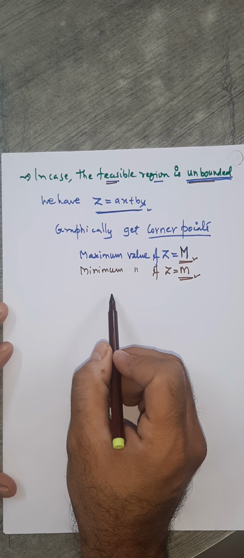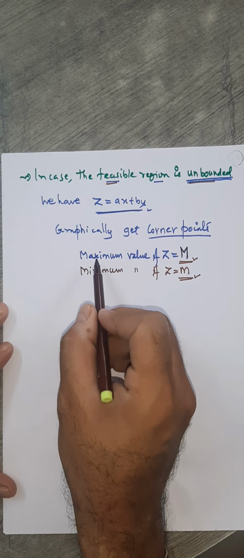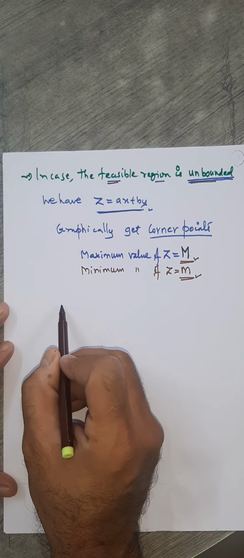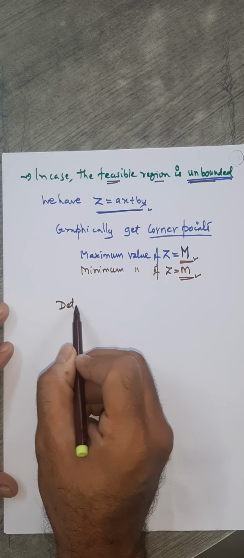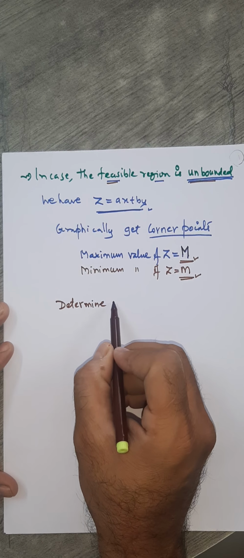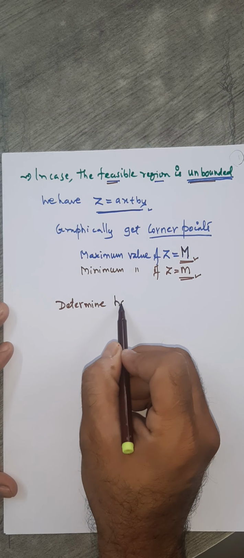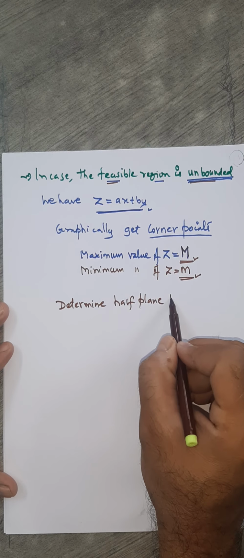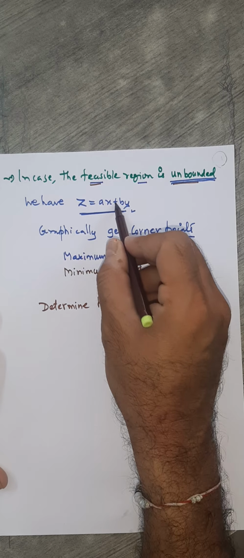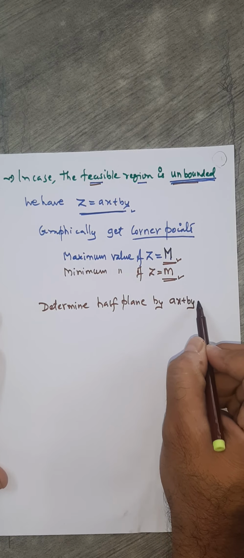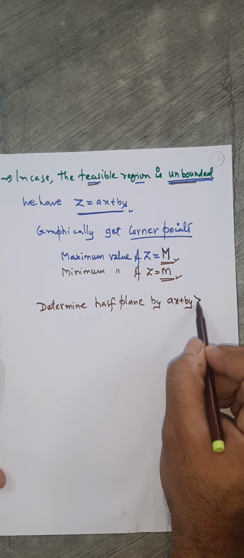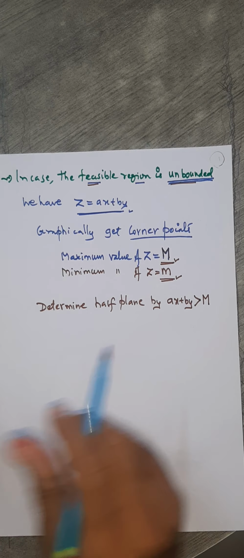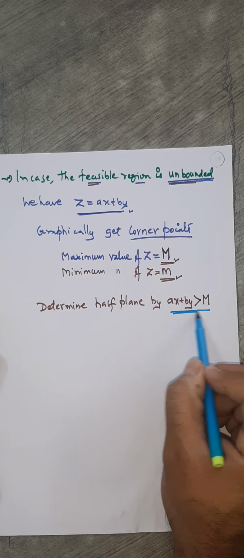If you are asked to maximize the function, then determine the half plane by the line ax plus by, greater than M. So you draw this inequality. Which inequality? ax plus by greater than M.